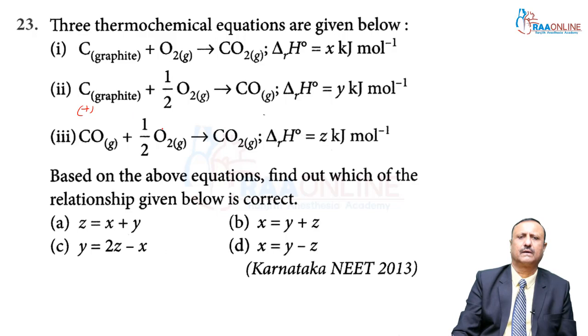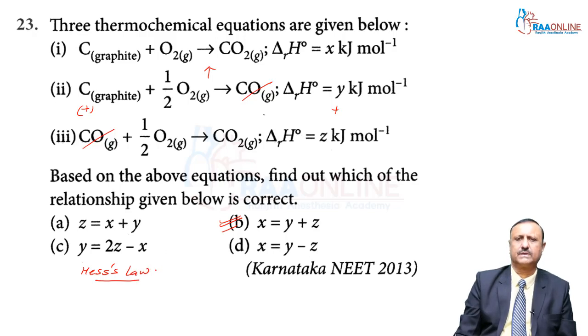When you add X plus Y, CO is cancelled, and you get the equation carbon graphite plus half O2 plus half O2, giving CO2. So, my dear students, when Y plus Z are added, you get X. So for question number 23, you can go to option B, and this is explained by Hess's law.